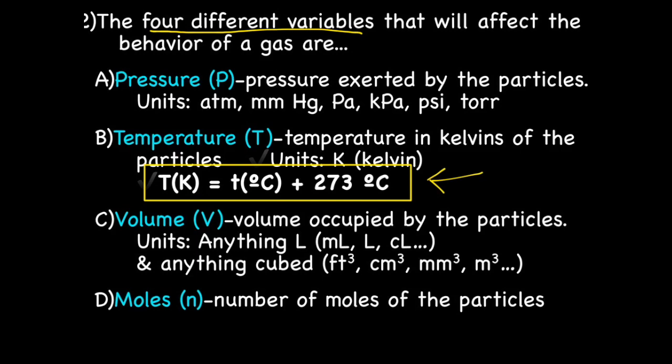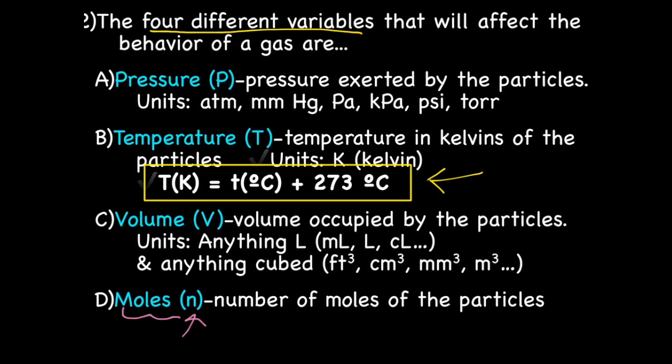The last variable is number of moles. It's represented by an n, not by an M, because capital M is molarity and small m is meters. So we use a small n to represent the number of moles. We will not be talking about that until later.